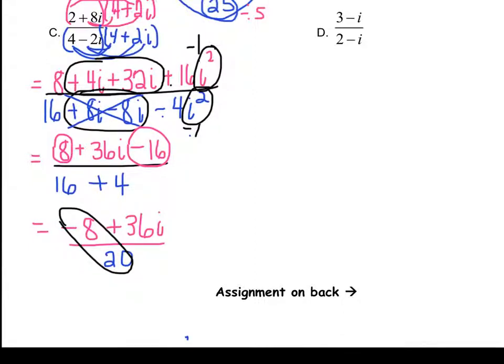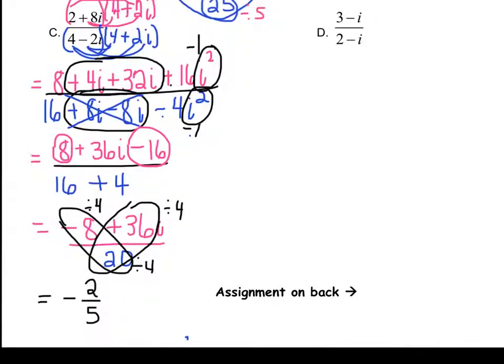So when we do that, we can divide both of those by 4. And so negative divided by positive is a negative. 8 divided by 4 is 2. 20 divided by 4 is 5. Next, I'll simplify this. It turns out that 20 and 36, the biggest number we can divide both of those by, is also 4.